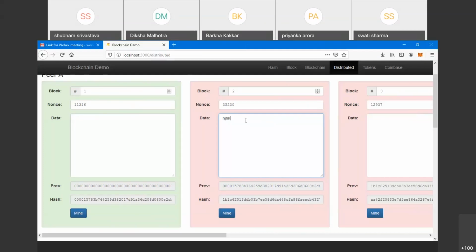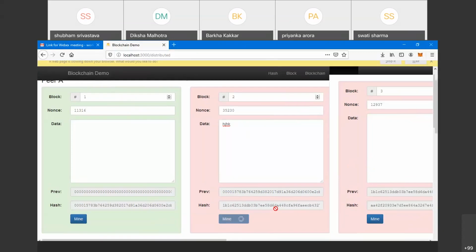Okay, ma'am. Thank you. So, in order to hide this malicious activity, the change the peer A has done in this block, he remines this block. But this will not be sufficient for him, right? Even as soon as he remines this block, the problem will still persist because the successor blocks will not contain the previous hash of this block.